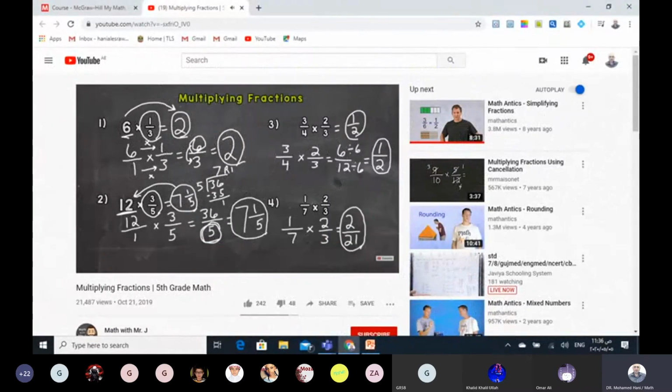That's as far as that fraction can break down. So we are done. 2/21. All right, there you have it. So that's multiplying fractions. You just multiply straight across, numerator times numerator, denominator times denominator, and then see if you can simplify your answer.